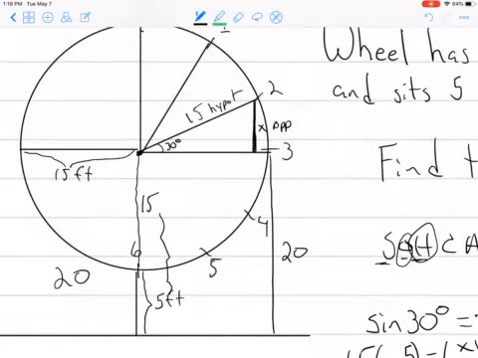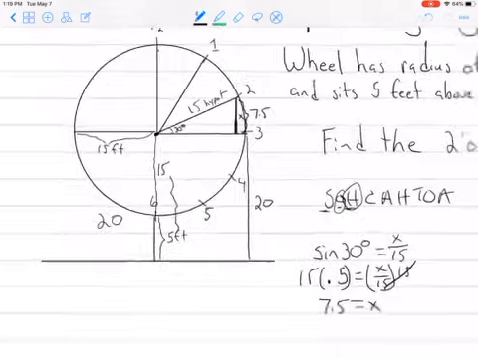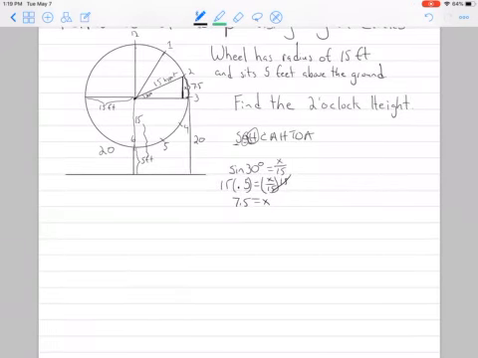So what I just figured out is that this height right here is 7.5. So I take that 7.5 plus the 20, right? We had this 20 plus this 7.5, and we know that 2 o'clock equals 27.5.